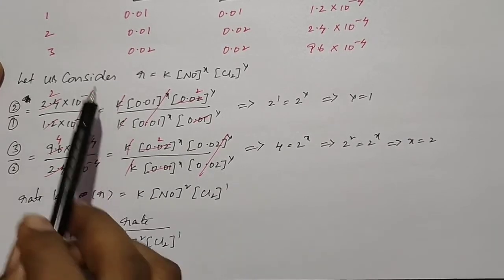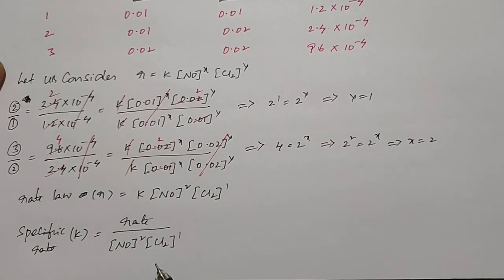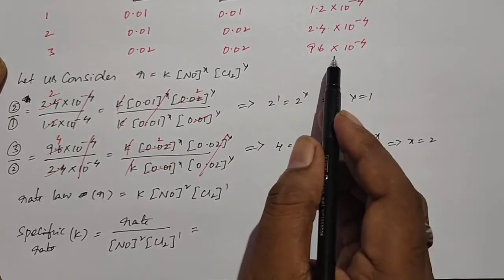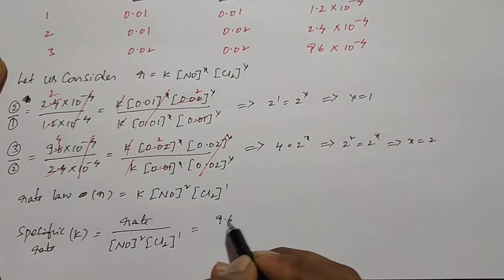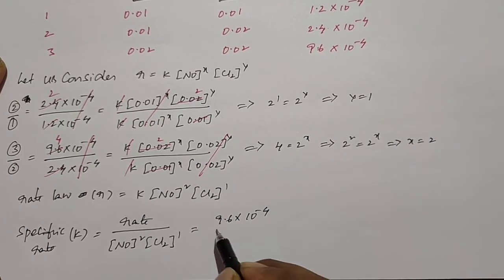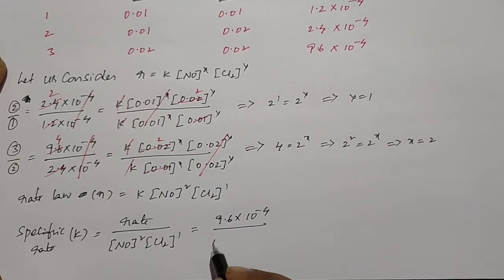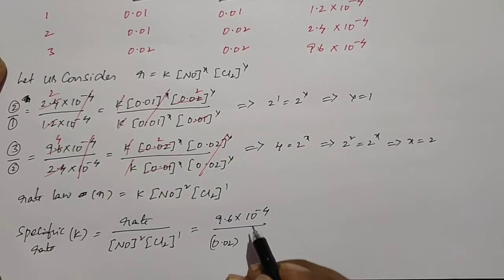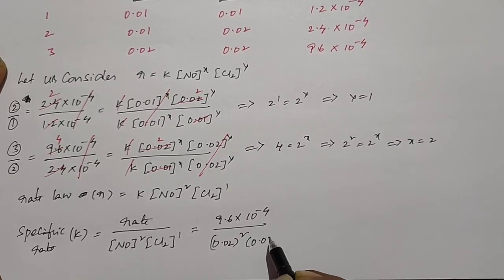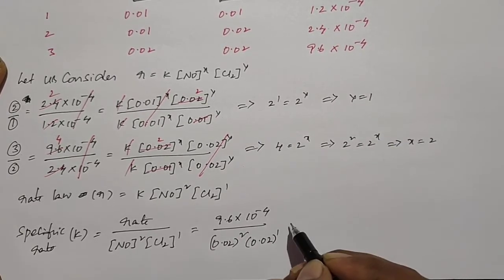Now you can substitute any one of these set values in this formula and you can get the specific rate. So now I take the third set. 9.6 into 10 power minus 4 divided by, for the third set, NO value 0.02, so 0.02 whole square into 0.02 power 1.